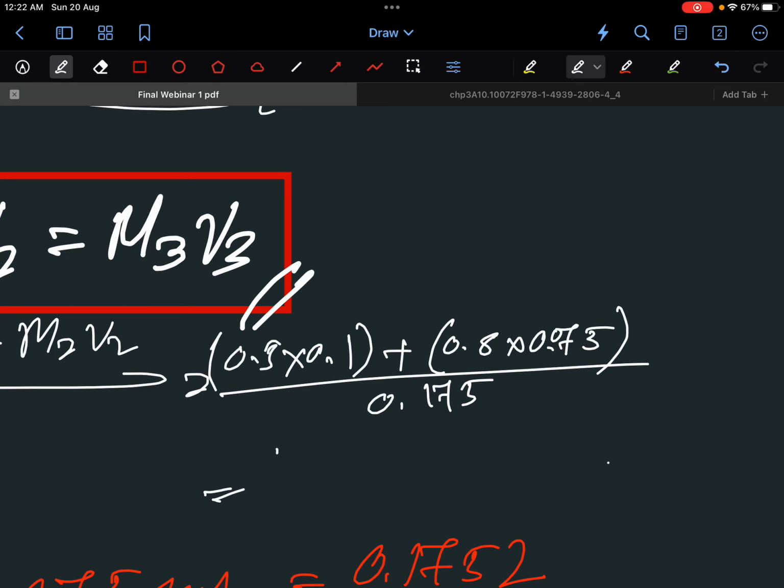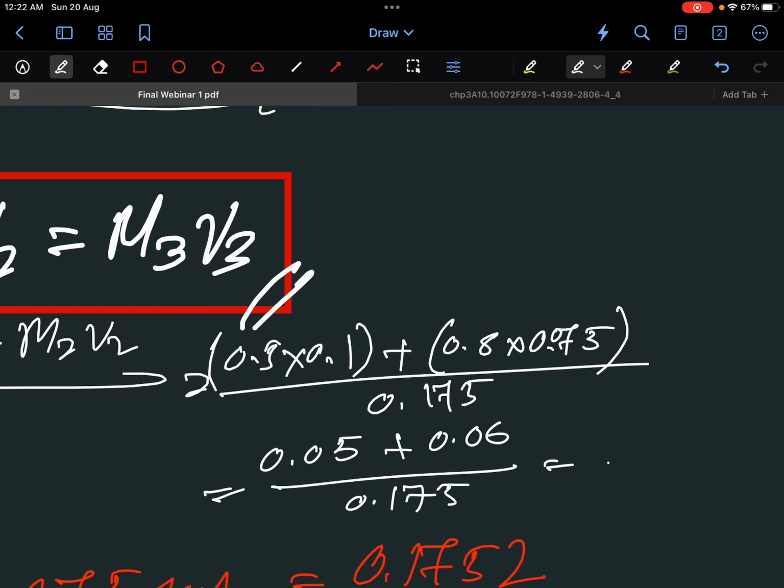I don't prefer a calculator actually. 0.5 into 0.1 is 0.05, plus 0.8 into 0.075. You can consider 0.075 as 0.08, and 8 squared is 64, so it will be very close to 0.064. Since it is 0.064, we can just ignore the 4 and it will be 0.06, right? Divided by 0.175.